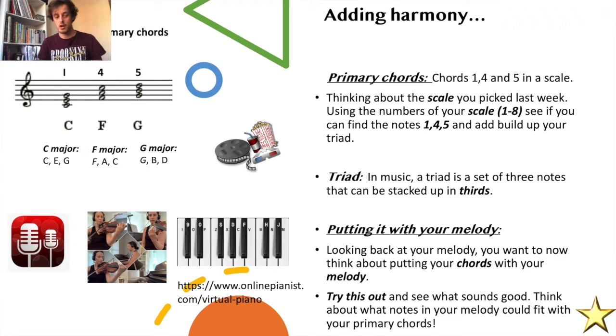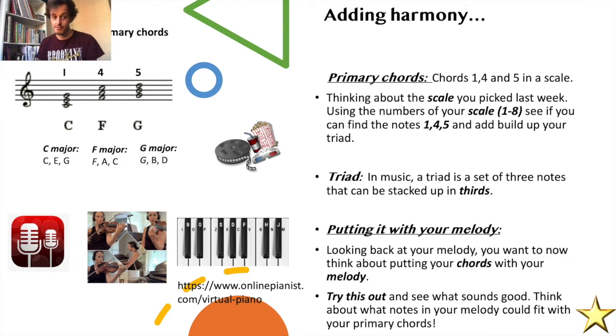Then like I've listed underneath, we're going to start stacking them up in thirds. A third in music is when you play a note, skip a note, play a note. So in C major we'd have C, skip the D, and we've got the E. So that would be a third. We're going to stack two thirds on top of those notes that we found, that 1, 4 and 5.